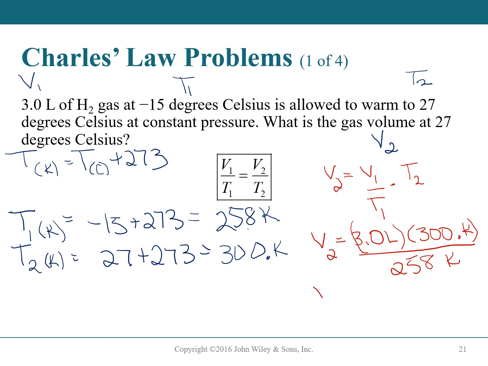And our answer will be in 2 significant figures because this has 2 significant figures. So it's going to be 3 times 300 divided by 258. So we get 3.5 liters. So what we're saying is when I heat up my system, my volume increases.